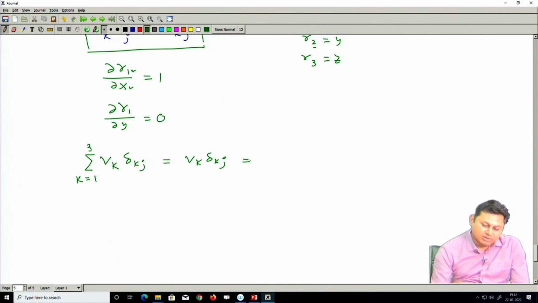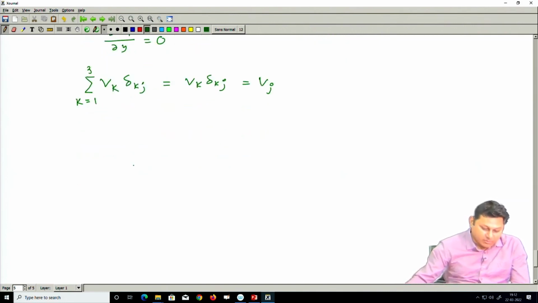If you look carefully, only when k is equal to j is this meaningful. Apart from that, this delta value is always 0. So it will give me the jth component of V.